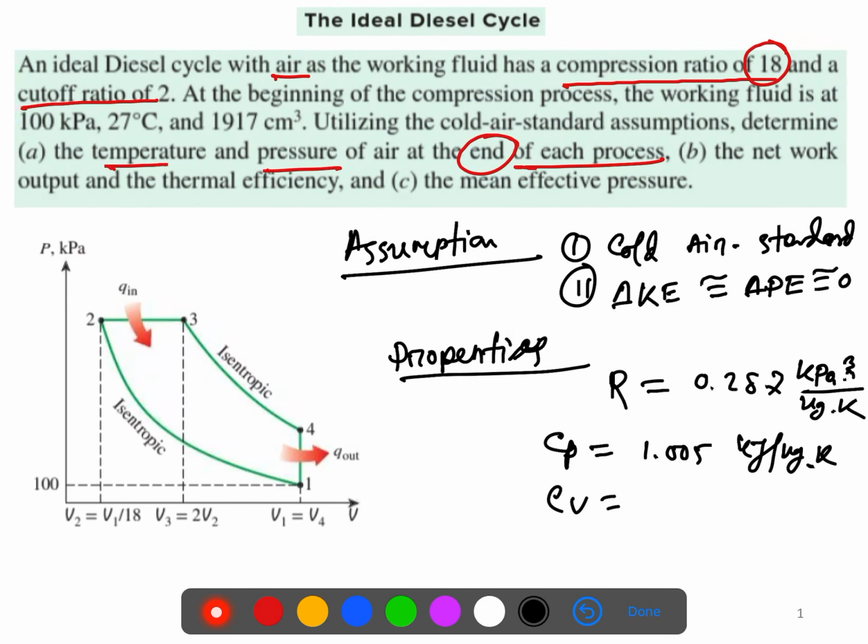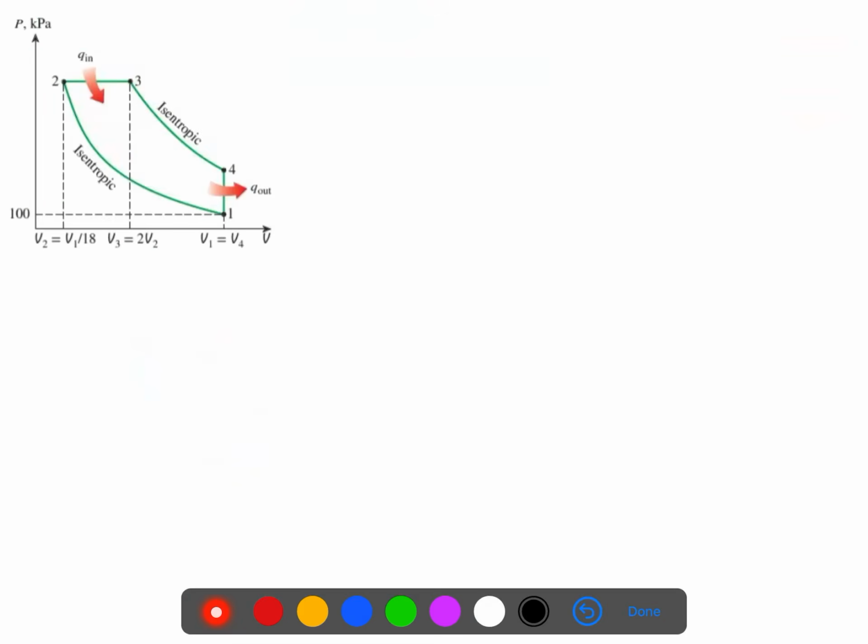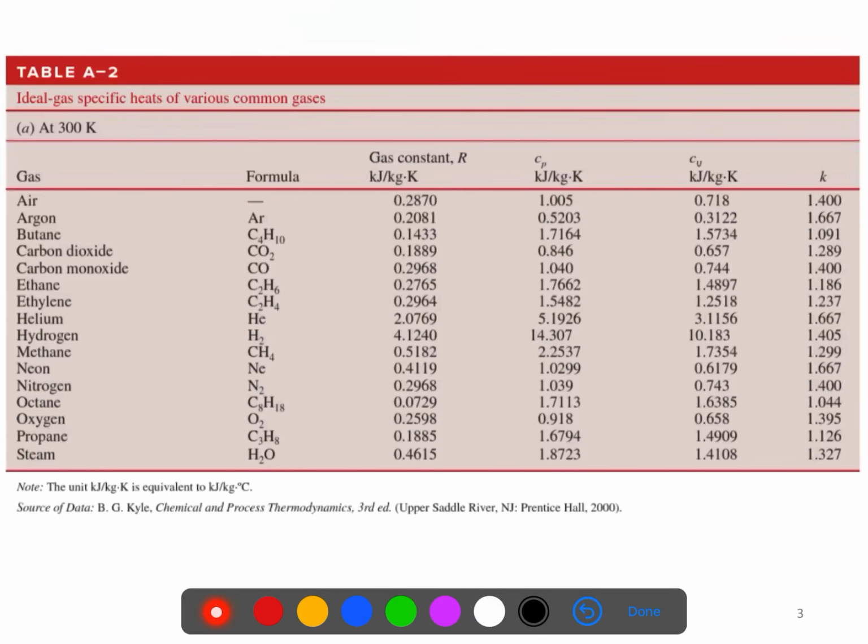Cv is 0.718 kilojoule per kg Kelvin, and k, the ratio of Cp and Cv, is 1.4 constant. If you ask me how I got this, this is actually the table. You can see it is for room temperature. For air, we know the gas constant, the Cp, Cv, and k.